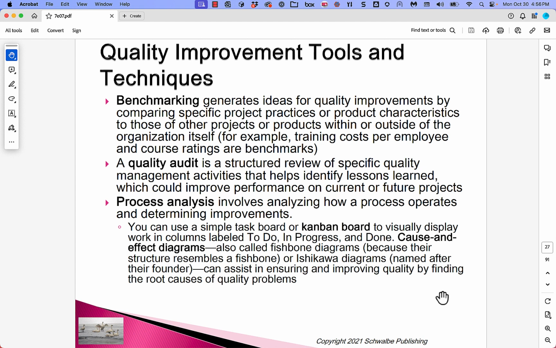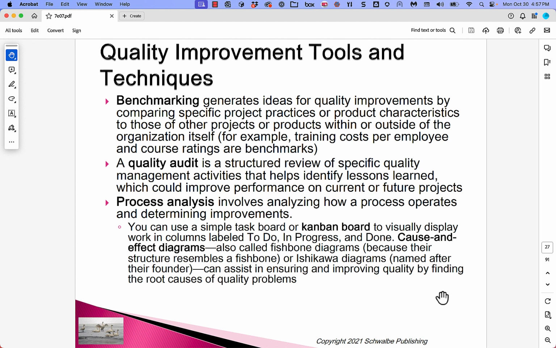Another tool that's pretty helpful is cause and effect diagrams, also called Ishikawa diagrams, because they were, I don't know if invented or first identified by the researcher Ishikawa.